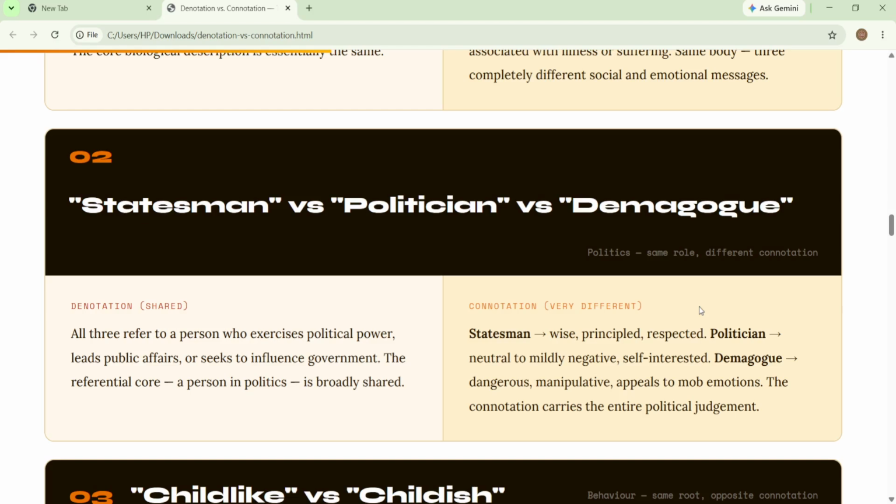Whereas in connotation, the meanings differ. Statesman: principled, respected. Politician is neutral to mildly negative and self-interested, whereas demagogue is dangerous, manipulative, appeals to mob emotions. The connotation carries the entire political judgment. So how they are referred to tells us how they are judged in connotation.